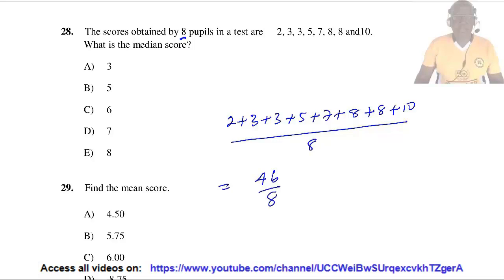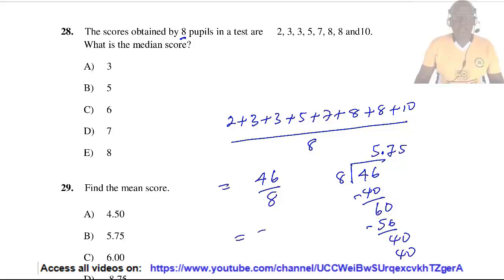Now, one division method. 46 divided by 8. 5 times 8, 40. The difference is 6, so 0.7. 7 times 8, 56. The difference 4, 0. 5 times 8, 40. So the answer equals 5.75, which is B.